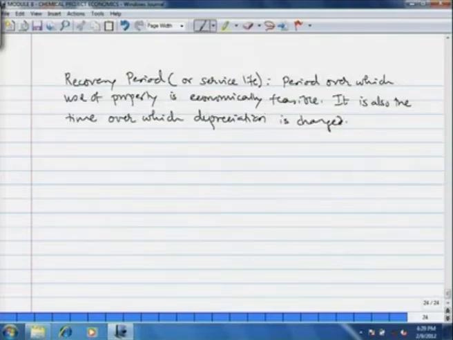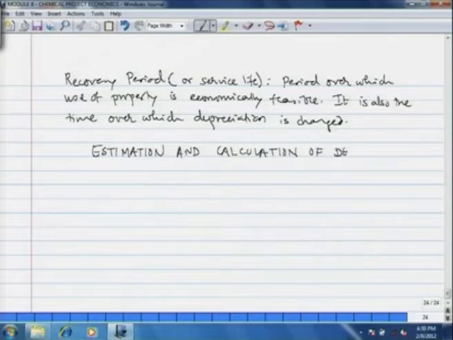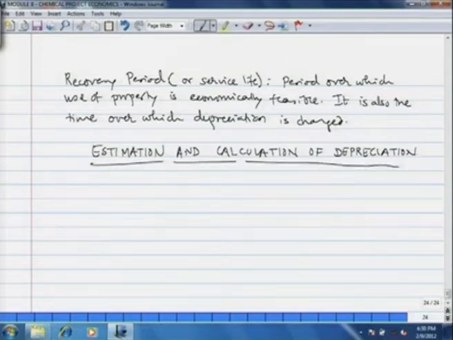Now, let us see some simple methods for estimating depreciation. Estimation and calculation of depreciation. There are several methods available for this.